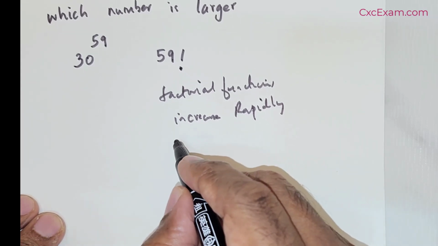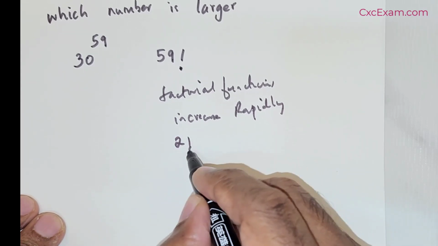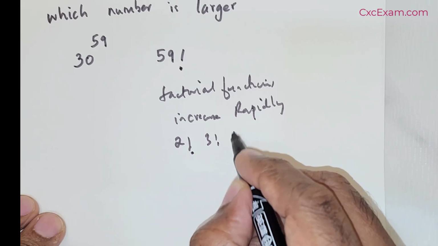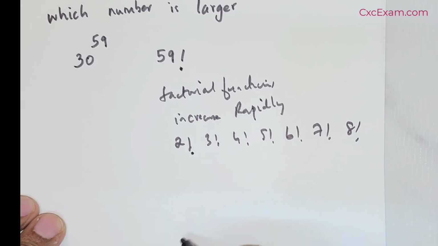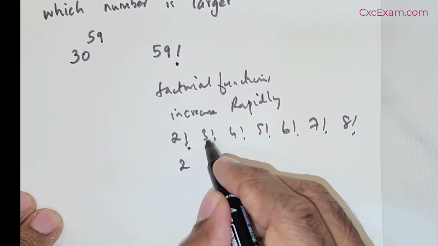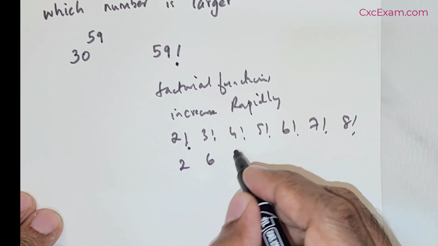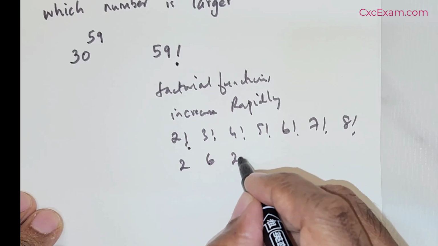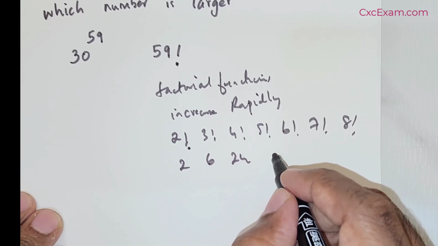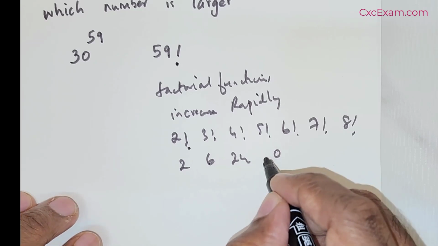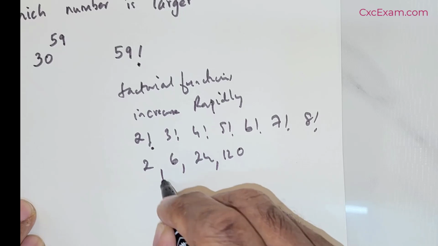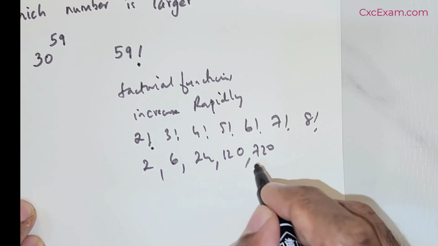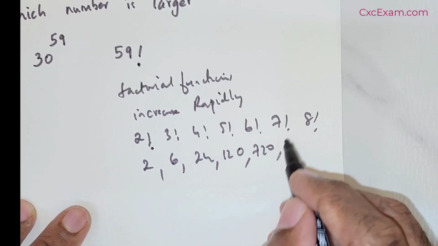Say for example, you take 2 factorial, 3 factorial, 4 factorial, 5 factorial, 6 factorial, 7 factorial, 8 factorial. 2 factorial is 2, 3 factorial is 6, 4 factorial is 24, 5 factorial is 120, 6 factorial is 720, right?